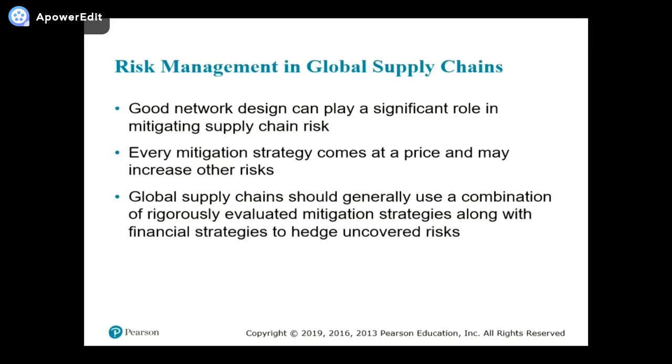So, for example, a global supply chain strategy focused on efficiency and low cost may concentrate their global sourcing in low-cost countries. But this configuration is vulnerable to risk fluctuations in exchange rates and in transportation prices.